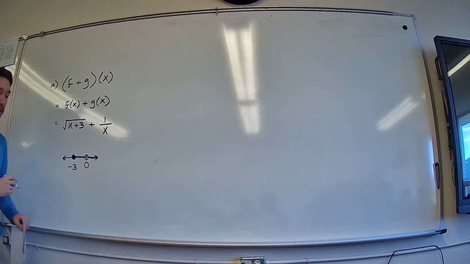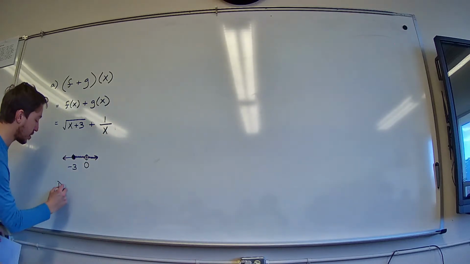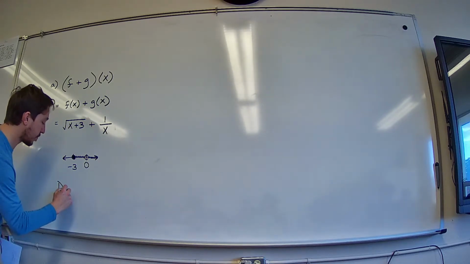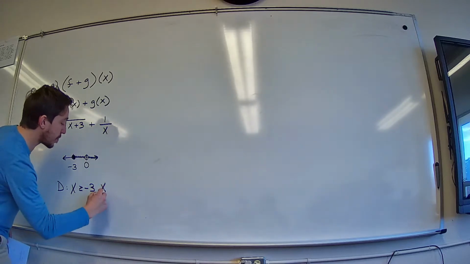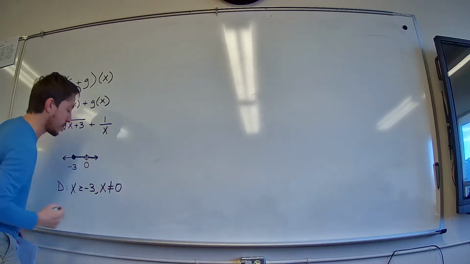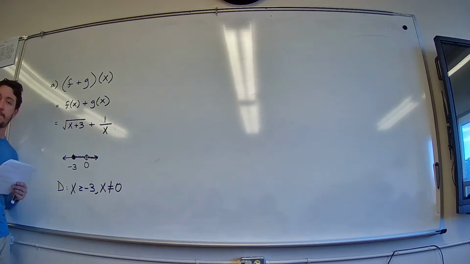So that's my domain. So my domain is x values that are greater than or equal to -3, except not 0. Kind of a weird domain, right?